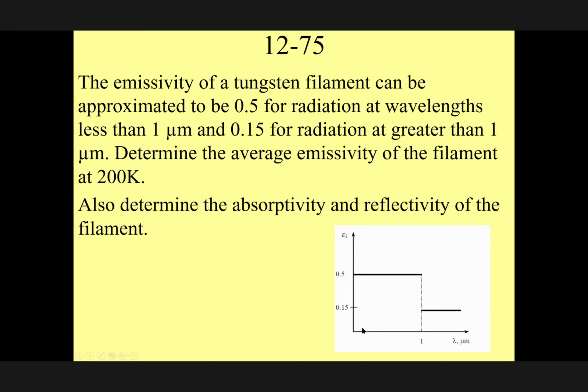In this range the value is 0.5, and more than that it is in this range. Determine the average emissivity of the filament at 200 degrees. Again, write this down and let's do it, and then we can discuss it next lecture, because I would like you to have a clear understanding of the subject. I have the solution, but I prefer you spend some time to understand.